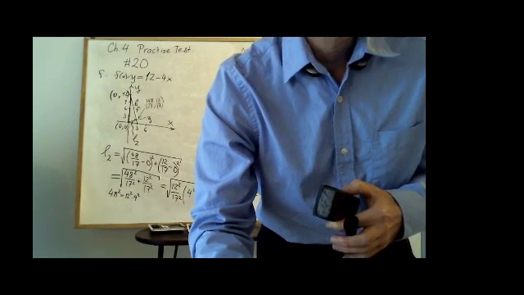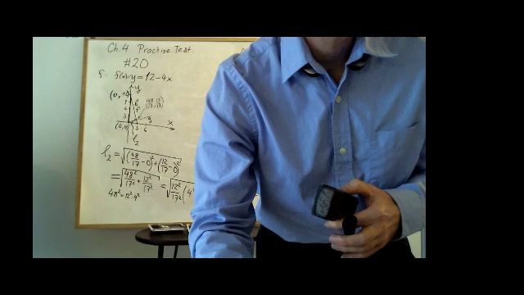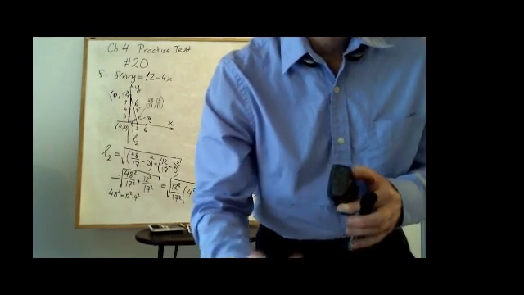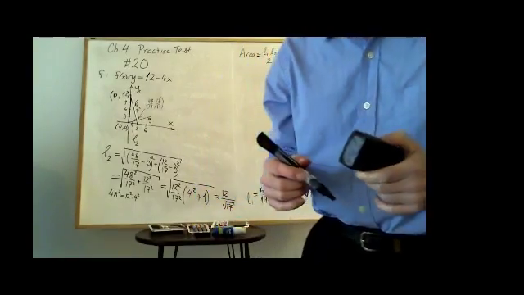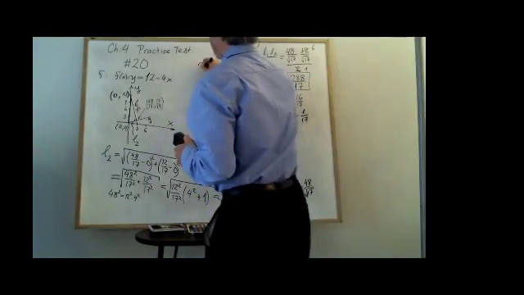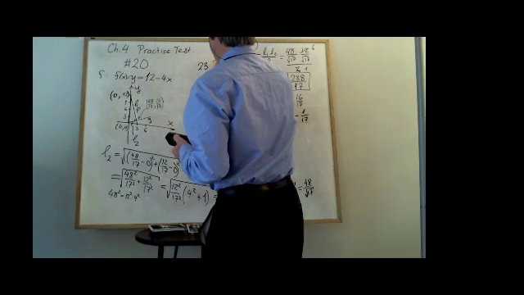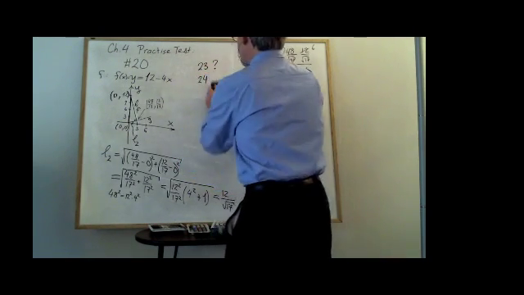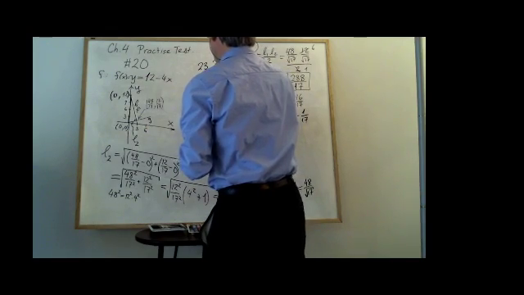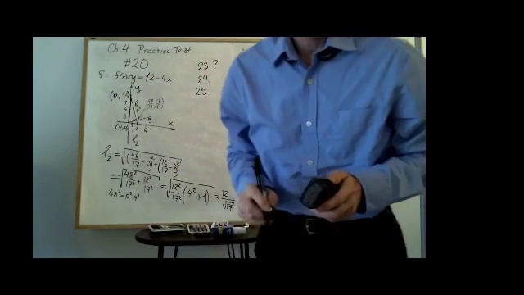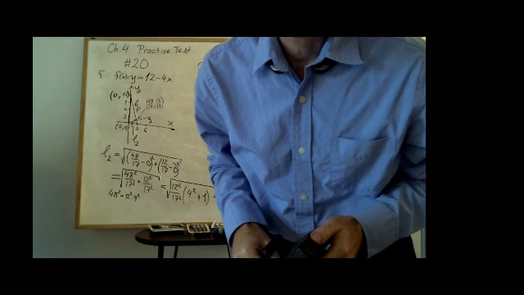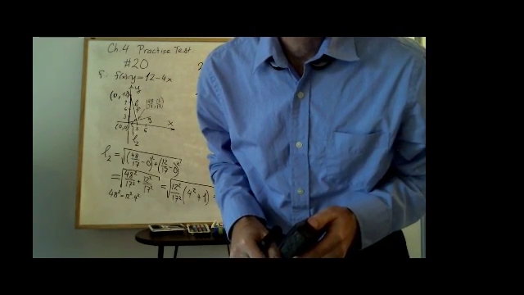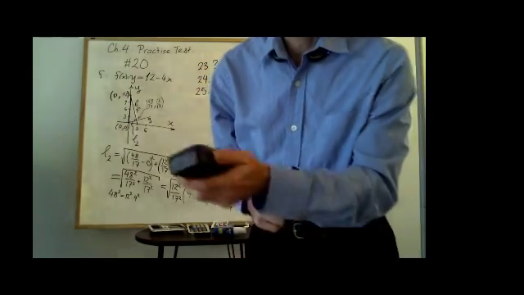So the number 23, 24, 25. I think the points that they used were to find the equation of the line. So 23 had no question in the book, so I couldn't really answer that. But 24 had the question, find the linear function y where y depends on x, and the number of years since 1980.